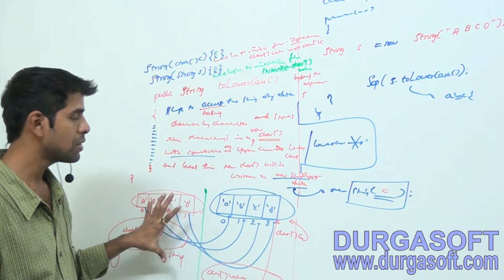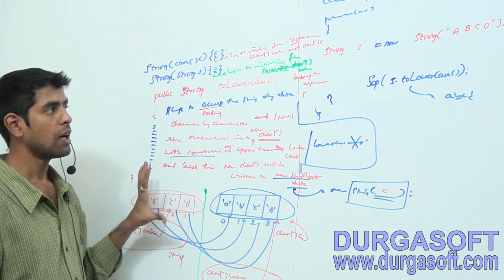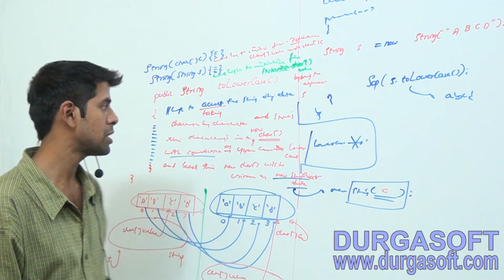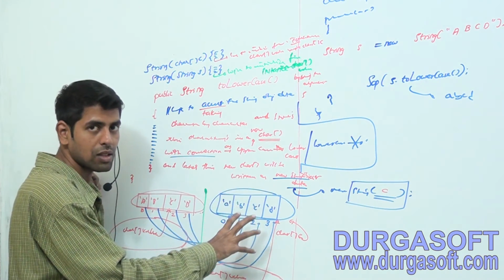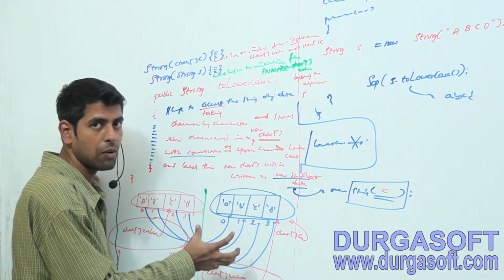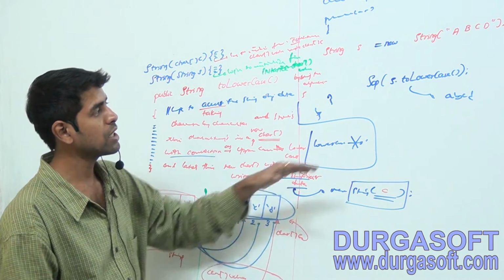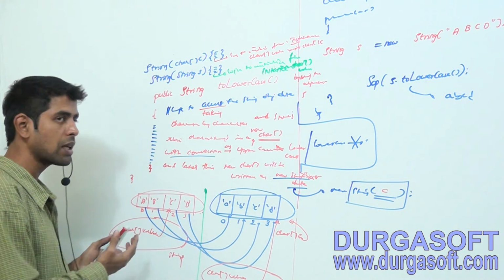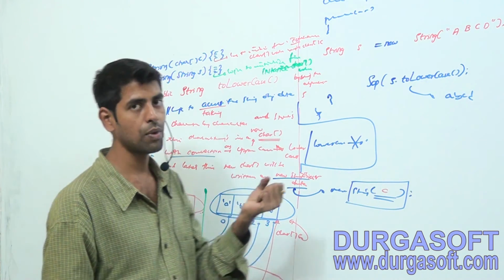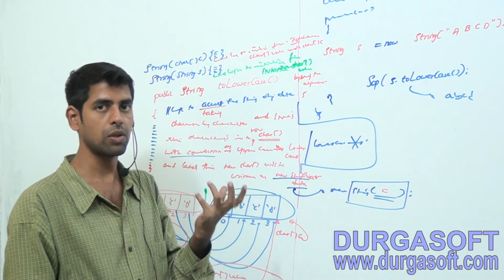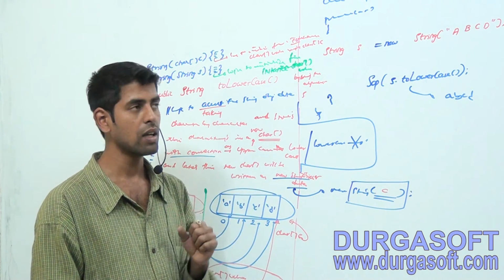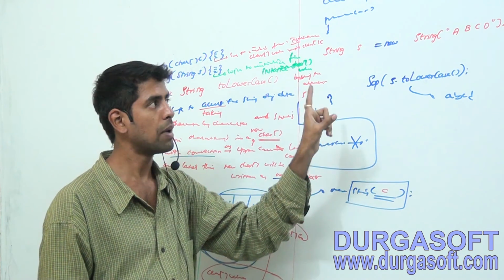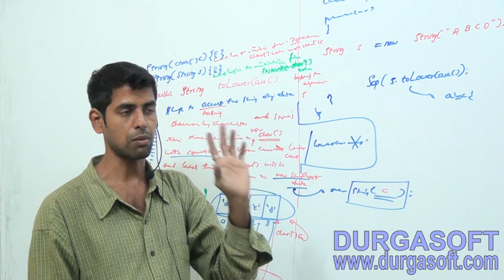JVM will form this object, and because of this method execution, we have some internal logic. What happens because of that? This memory representation is going to get created by our JVM, and this method is returning which object? This newly created String object. Of course, it does not have any reference. If you want to hold that object reference, you can do it, it's your requirement. Okay, now let me go and compile and execute this one. Just a minute, observe.